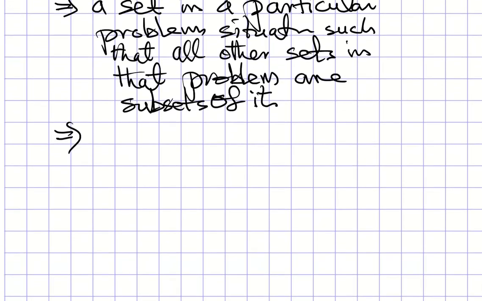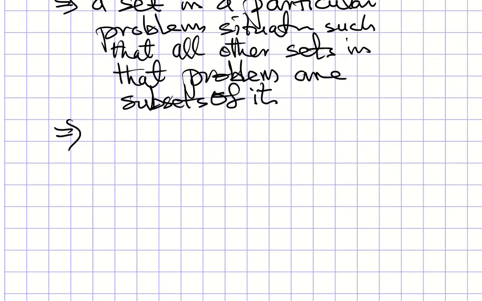Now, let me make this remark. Like I said, every problem has a particular domain of discourse, and that problem is also constrained by the definition of the problem, right? So universal set does not necessarily mean a set of all objects in the world.